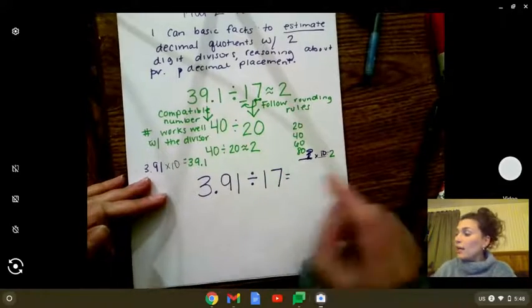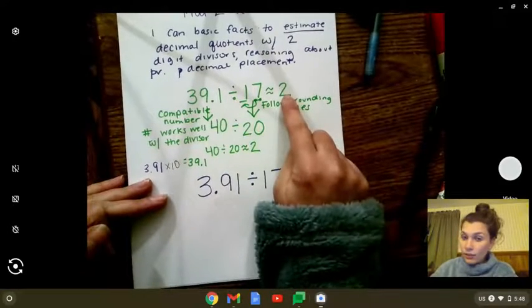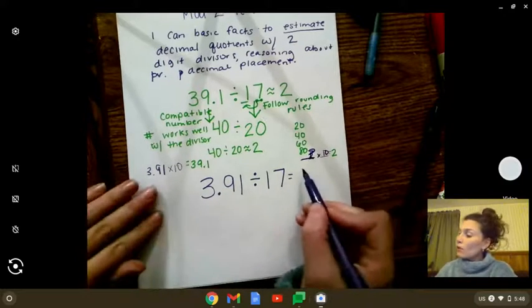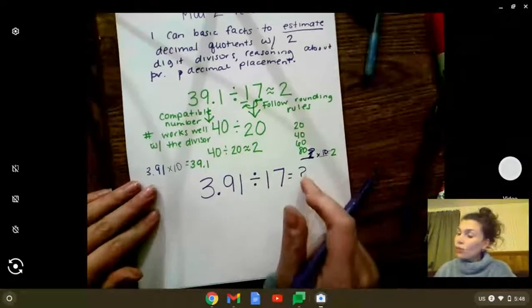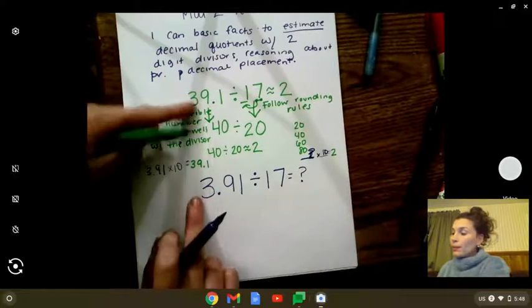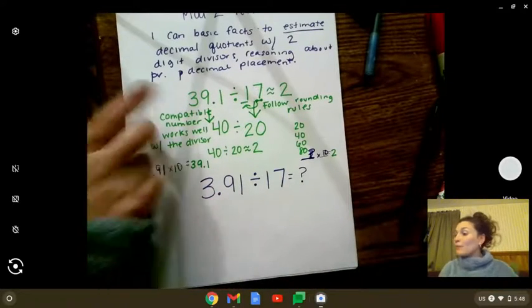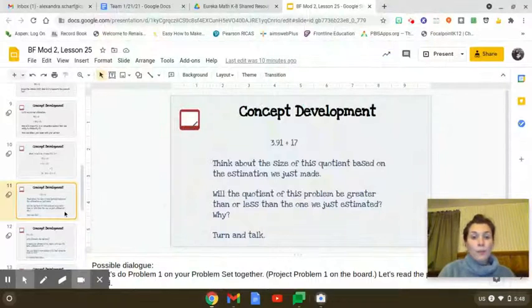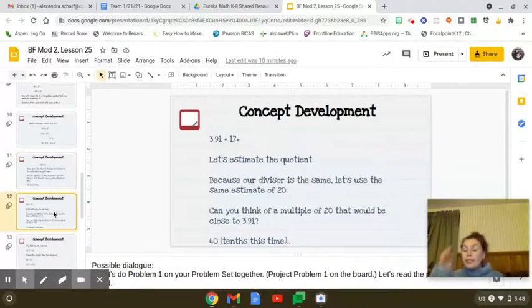That means this answer right here is going to be 10 times smaller. Okay? A little tricky to think about. But we need to keep that knowledge in our brain, that those numbers are connected by multiples of 10.